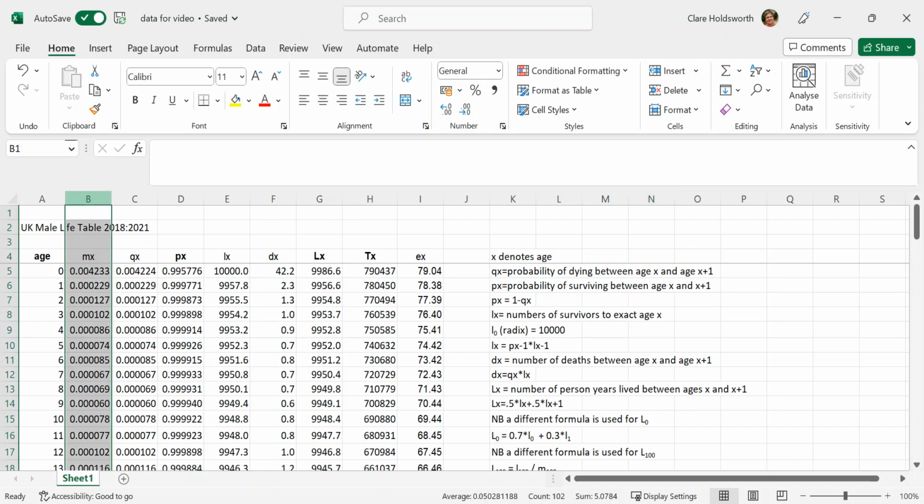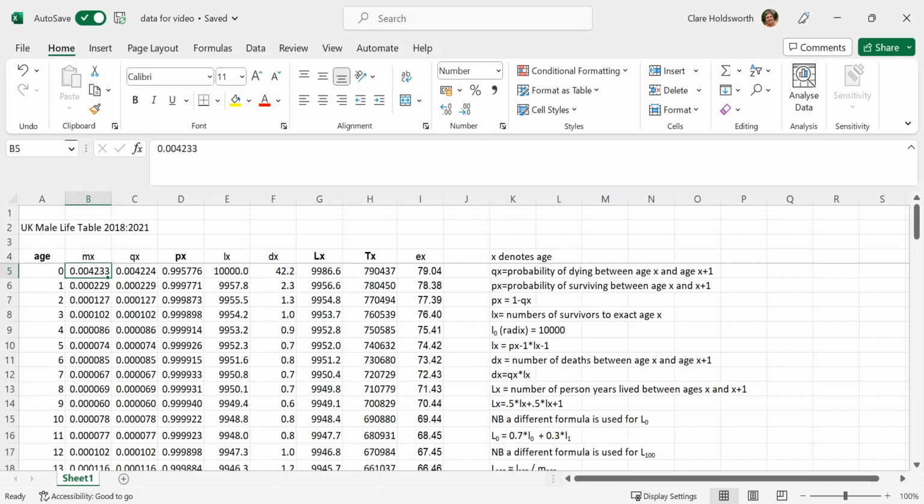The second column is the Mx column, and M stands for mortality. It's simply the column for the age-specific death rates. So Mx, this cell here is going to be M0, so x stands for age. So the first cell here is M0, that's M1, that's M2, that's M3.